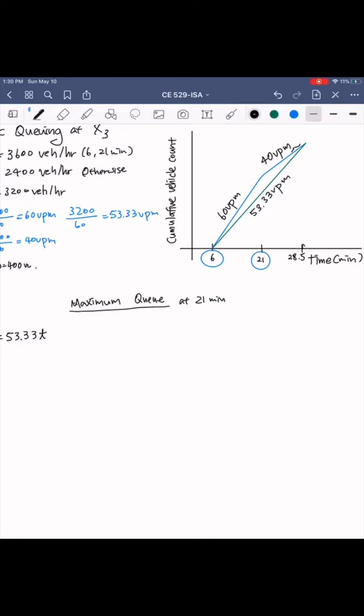So the arrival vehicle count will be 60 times 21 minus 6, and departure will be 53.33 times 21 minus 6, the same thing.